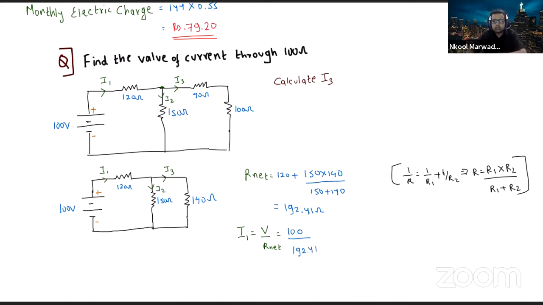It will be 0.519. Now I got the I1. Now since I got the I1, I can calculate I2 and I3. How will I be doing that? Let us discuss that: current division.